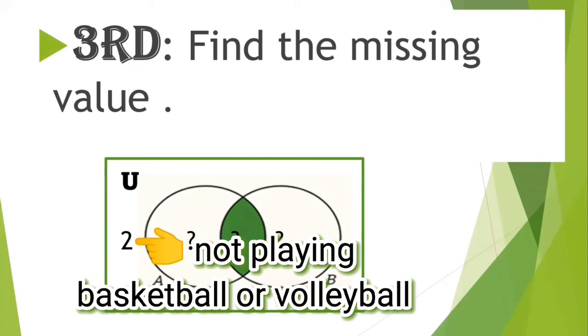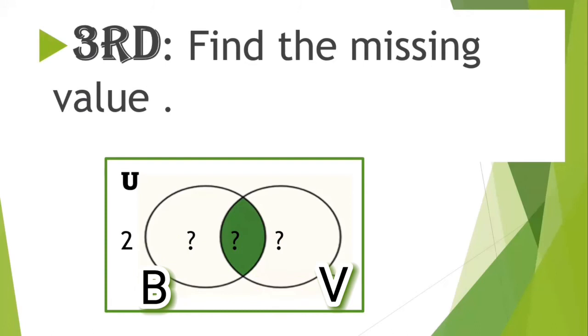That's why nandito siya sa labas kasi hindi nga siya naglalaro. Kaya wala siya dito sa loob ng ating mga circles kasi hindi naman siya kaparte ng playing basketball at playing volleyball.